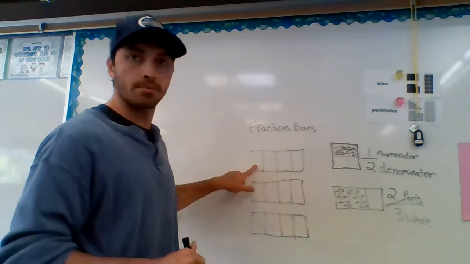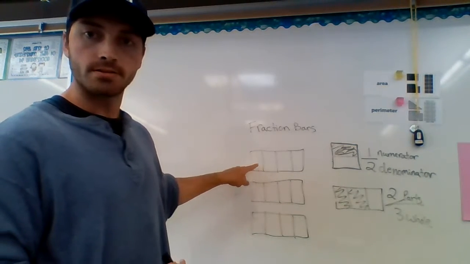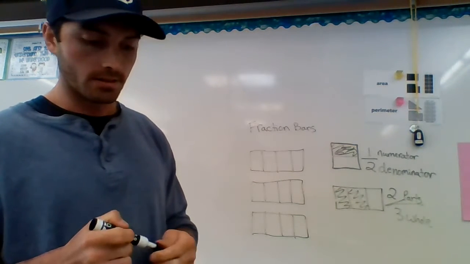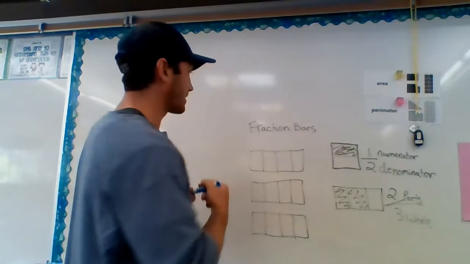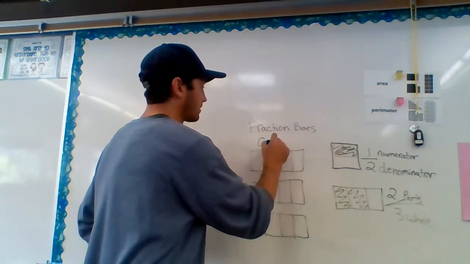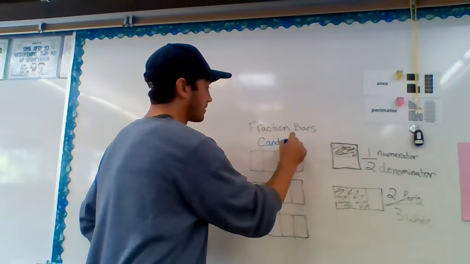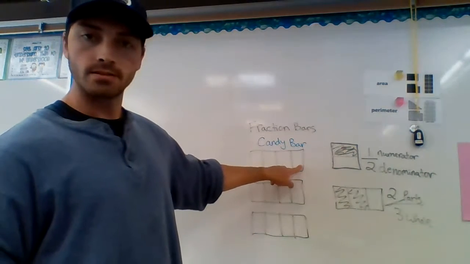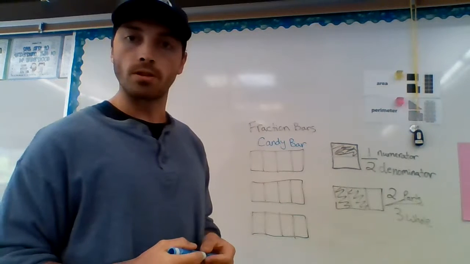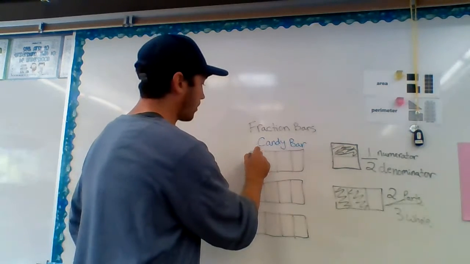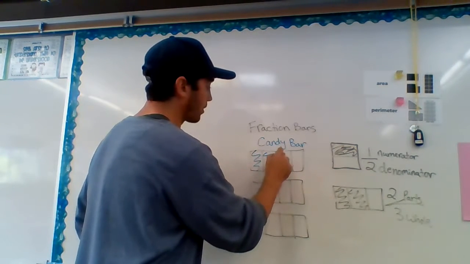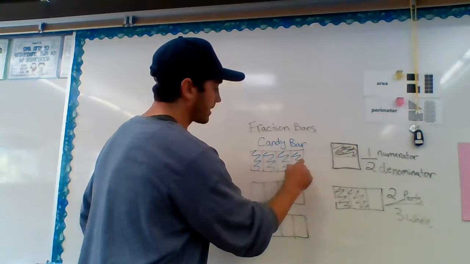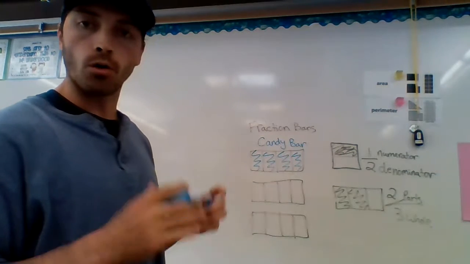So I like to think about this as like a candy bar. It's the easiest for me. So let's picture this being our candy bar. Now when we first buy this, it's going to be one whole. So we're going to have all 4 parts shaded in because it's still a whole candy bar.